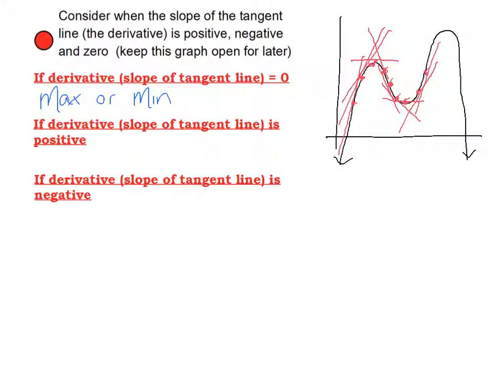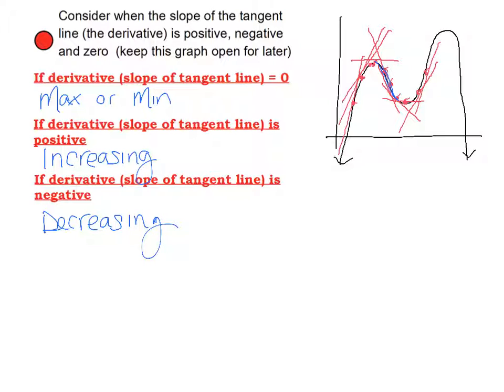That's going to happen every time the function is increasing, when it's headed upward. And the negative ones all happened in this chunk, when it was decreasing. We can then use that information to find out some stuff about our function without having to actually graph it or find anything through the calculator. And that's what we're practicing today.